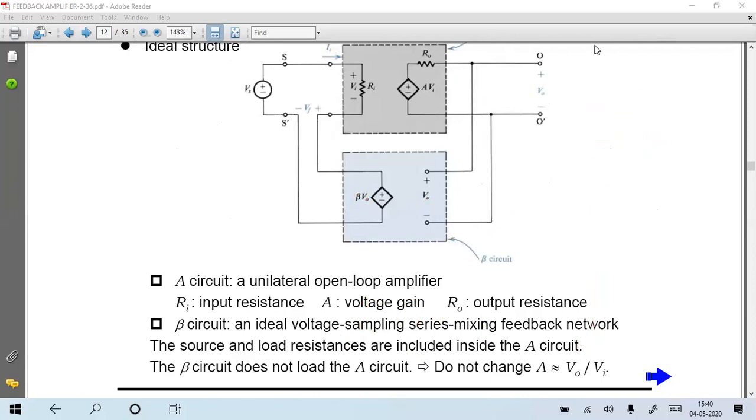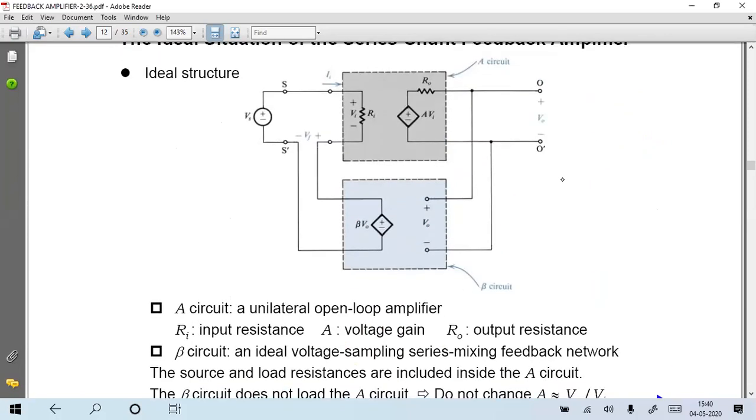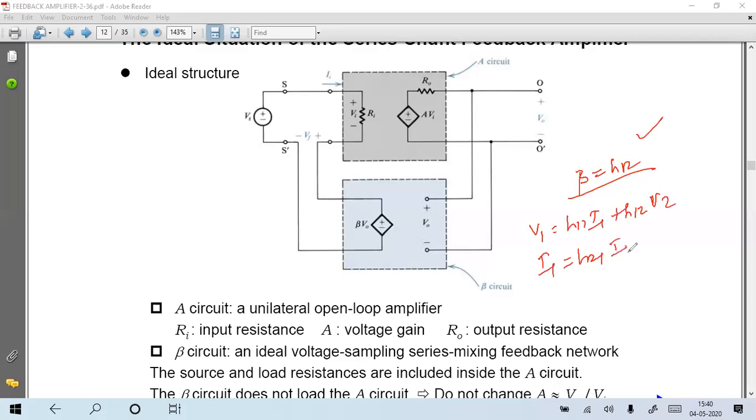In the H parameter, beta is nothing but H12. Again I will rewrite the equation: V1 equals H11 I1 plus H12 V2, and I2 equals H21 I1 plus H22 V2.